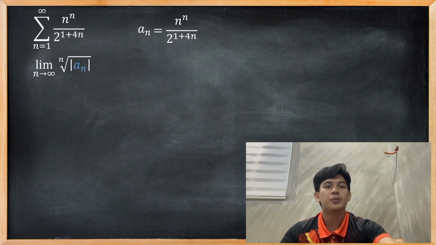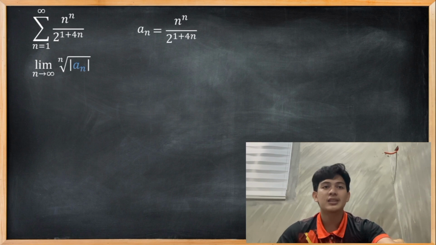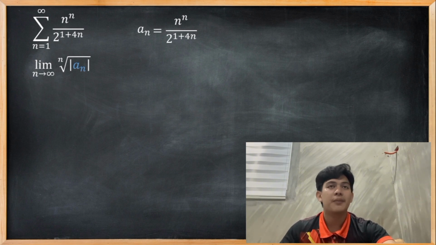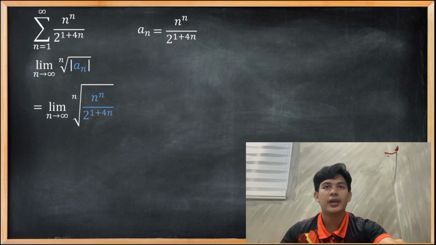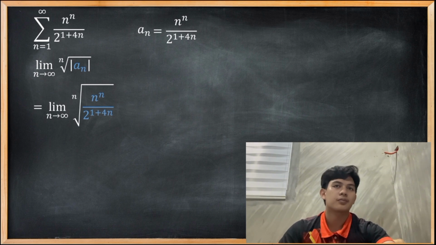With that, we proceed to use the formula, the limit of the nth root of a sub n. Again, since we already have a sub n, we just substitute it. The result is the limit of the nth root of n raised to n over 2 raised to (1 plus 4n).